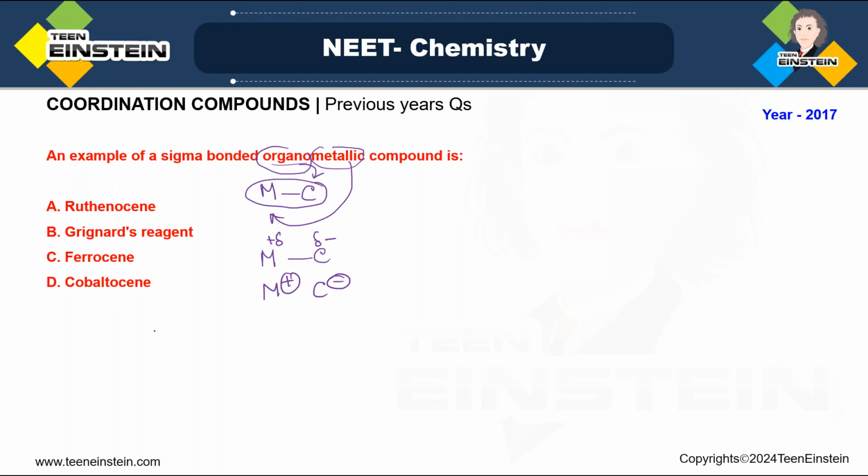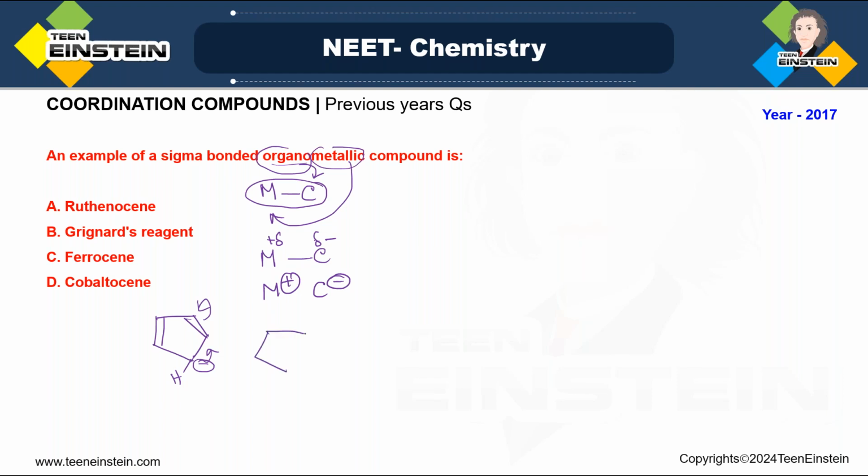But suppose you have cyclopentadiene like this. Here we have two hydrogens. Now if one hydrogen is removed, what will happen? There will be a negative charge. In this case, this negative charge is completely delocalized like this. The negative charge can be shifted to the next carbon.